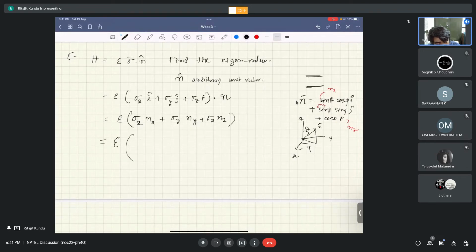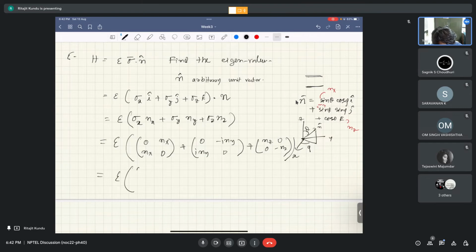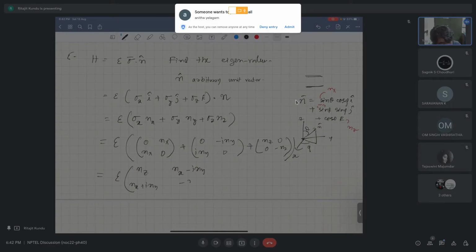The first term becomes 0, nx, 1, 0, where in place of nx you place sine theta cos phi, and then you are left with 0, minus i ny, i ny, 0, plus nz, 0, 0, minus nz. Basically you get a 2 by 2 matrix, so let's write it: nz, nx minus i ny, nx plus i ny, and minus nz.